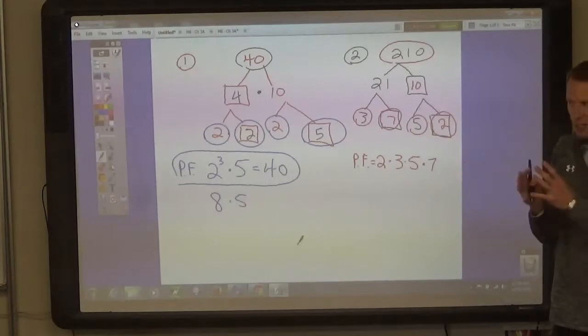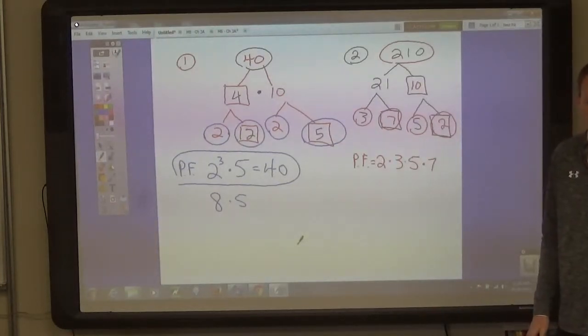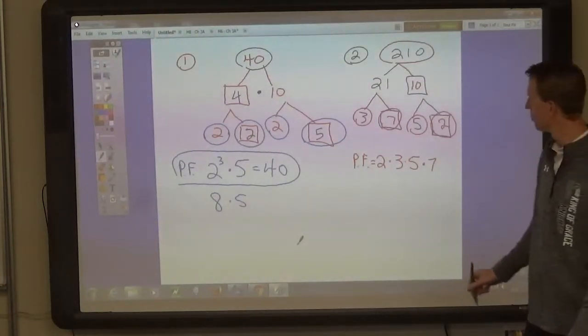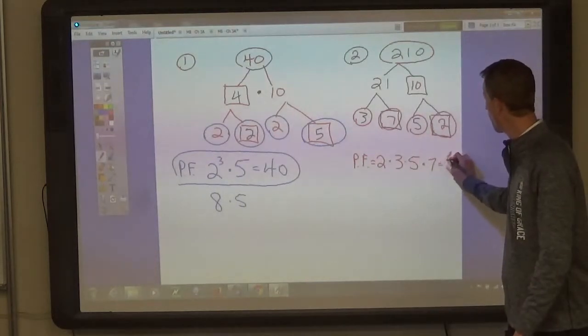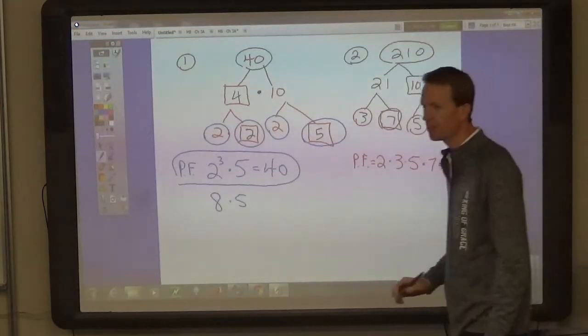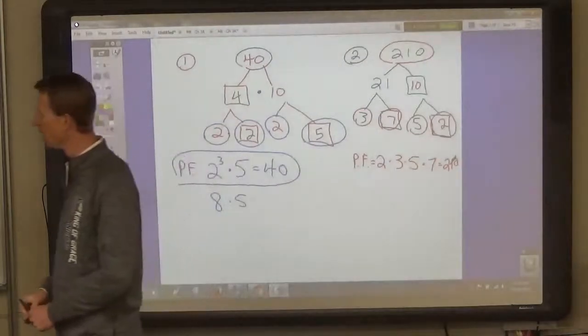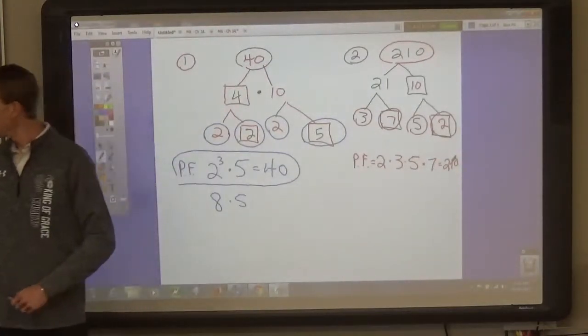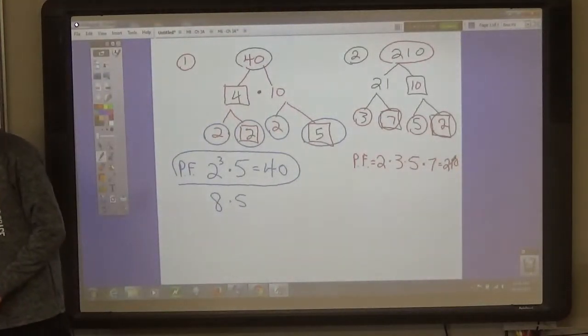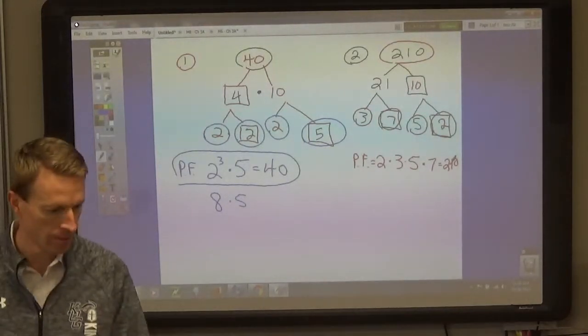And you'd multiply those together to find the number. Okay? So this equals 210. Do you understand how to do this? Yes. All right. So your assignment will be 3 to 15.